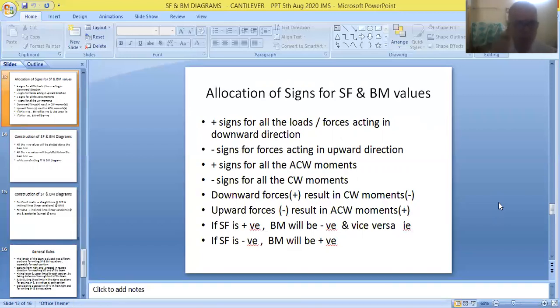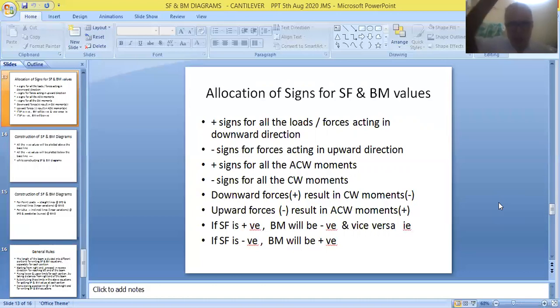Similarly, positive symbols must be used for all anti-clockwise moments, and negative symbols for all the clockwise moments. Secondly, downward forces will result in clockwise moments.